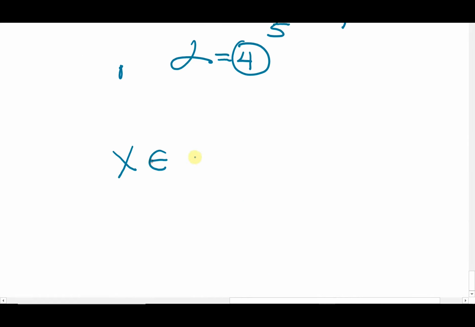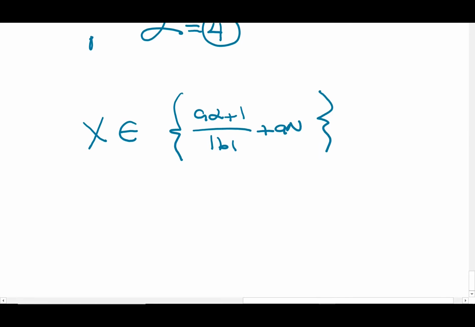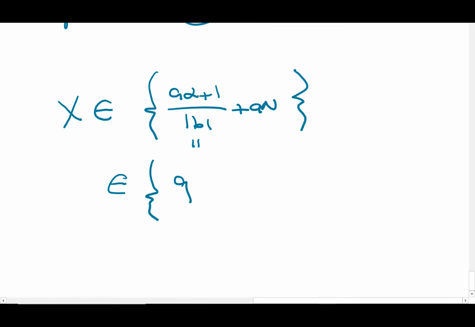So remember, x is an element of, this is set notation, but we already know the initial term is 9. So it's an element of the set where the initial term is 9, and then we have 9, and this is an infinite extension.